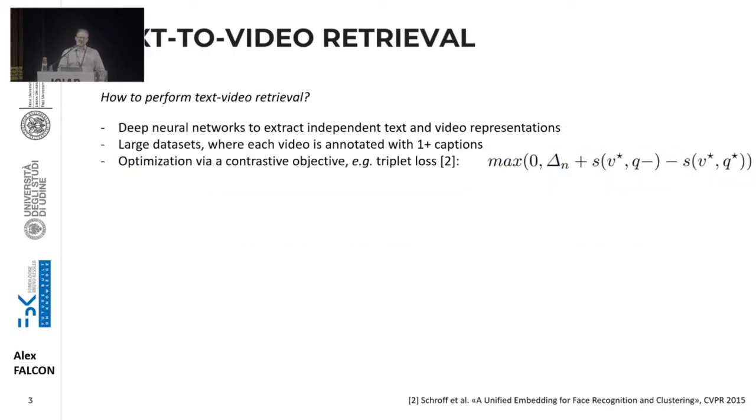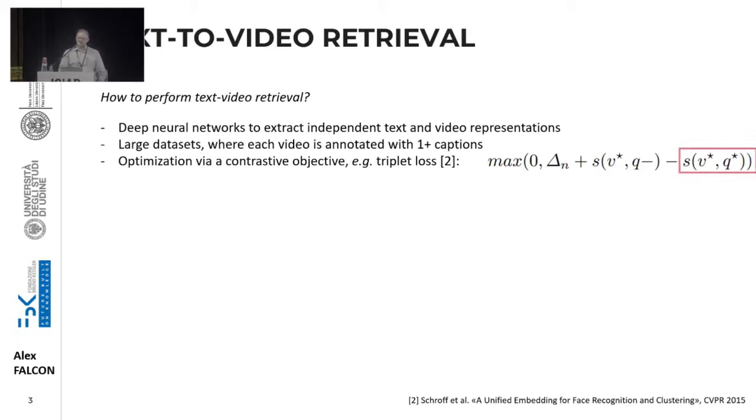In the current and typically used methodology to learn video retrieval models, 3 ingredients are needed. First, deep neural networks to compute independent representations for both the video and the captions. Second, large annotated datasets. And finally, an optimization framework, typically implemented with a contrastive loss function, such as the triplet loss, shown on the right.